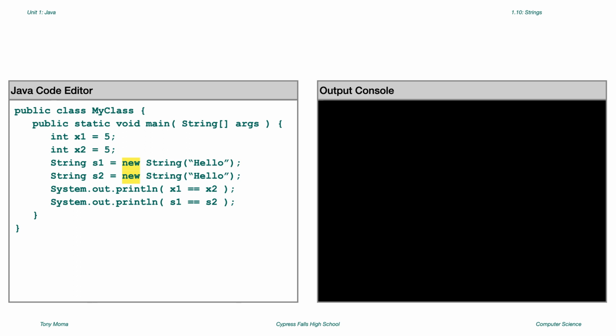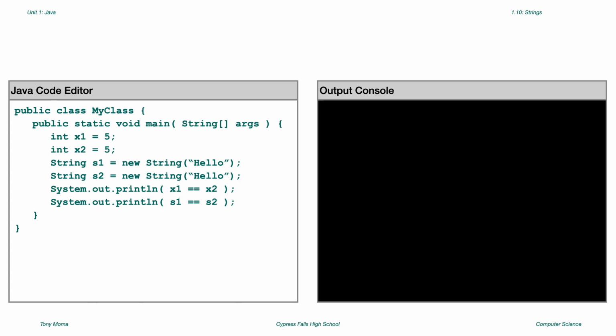Now, string is an exception in the sense that it's one of the few objects that can be initialized 2 different ways. As you can see here, we could also initialize string by just typing the characters within quotation marks. However, in this video, we're going to focus on using the new keyword, since that is the type of string you're going to encounter more often during your programming career, and it is how the vast majority of objects are created.